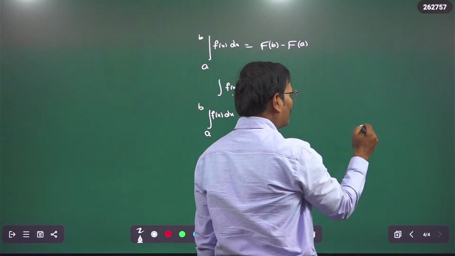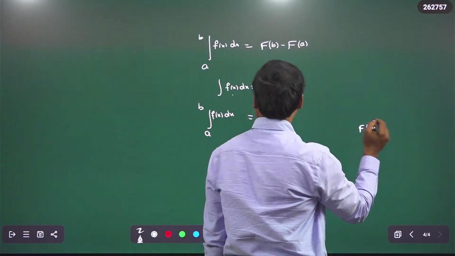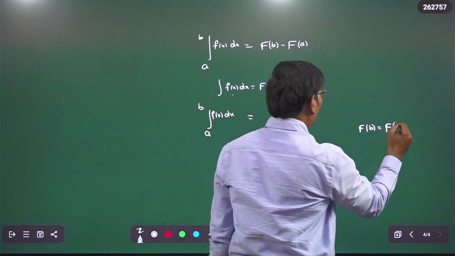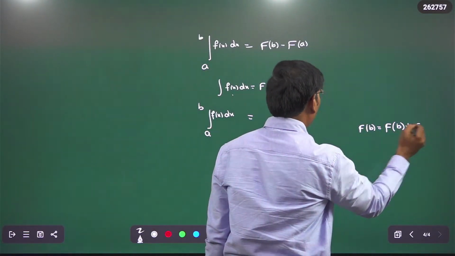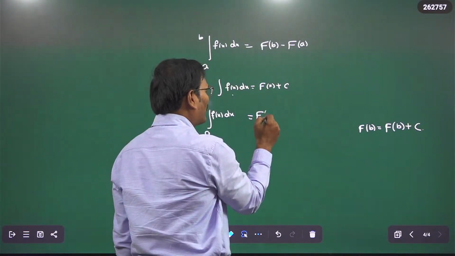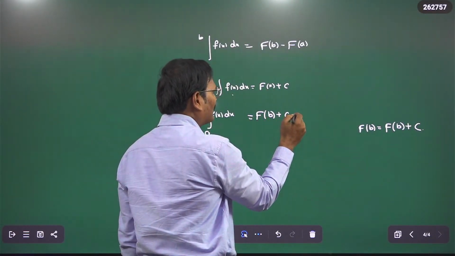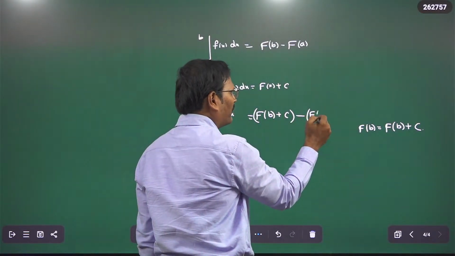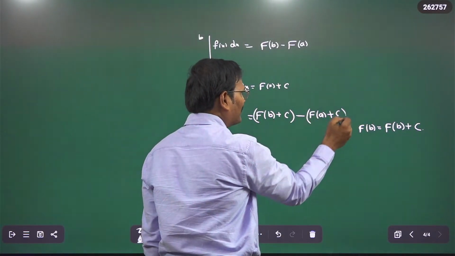F of b is equal to f of b plus c. This is the upper limit, and I am substituting the lower limit: f of a plus c.